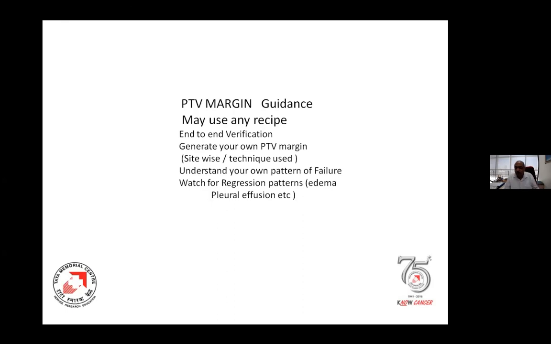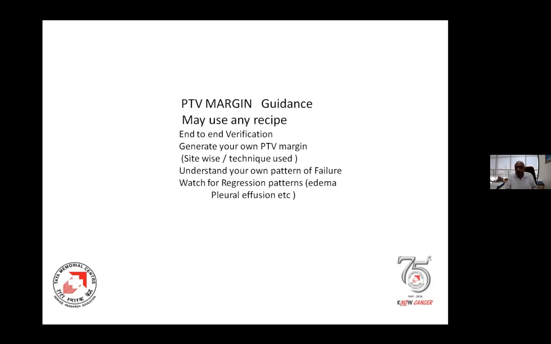Whenever you are making your own understanding of those margins, you have to critically see that you have not had any marginal failure. You have to see your own patterns of failure so that you minimize or make zero marginal failures. You need to watch out for the regression pattern. Was there any edema, so that the PTV has come off the skin, or it has shrunken dramatically?